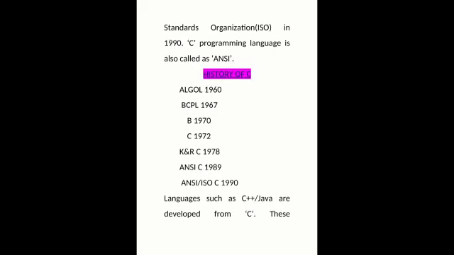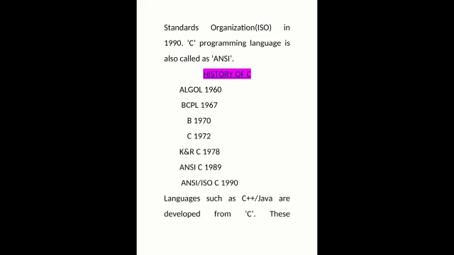In 1990, the C programming language is also called ANSI. ANSI is the first to allocate standards to programming languages. It gives the standard to the C language, so C is also called ANSI.